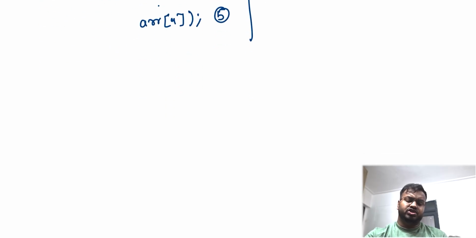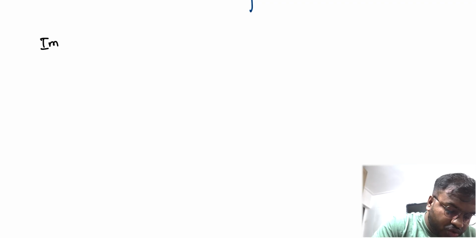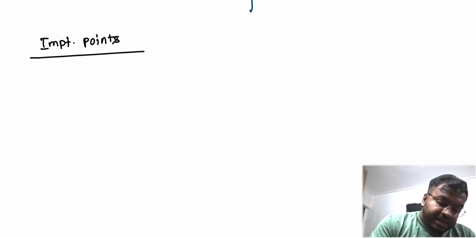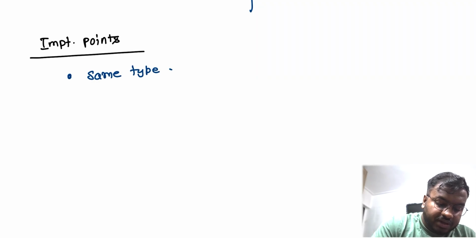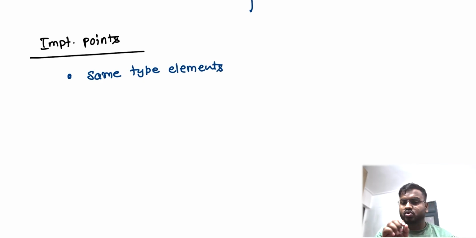We will solve questions and then deep dive into performing operations on a particular array, so don't worry about that. Some important points to keep in mind: all elements of the array should be of the same type.